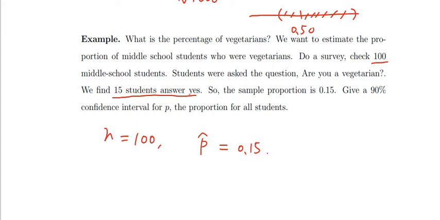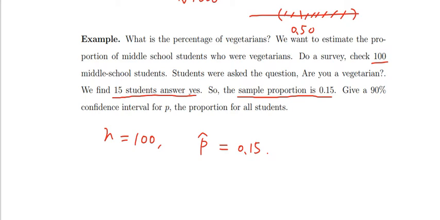So we call this percentage, or this proportion, the sample proportion. So we have sample mean, sample proportion. This sample proportion is a typical mean, where the data is 1-0 data, or yes or no data.